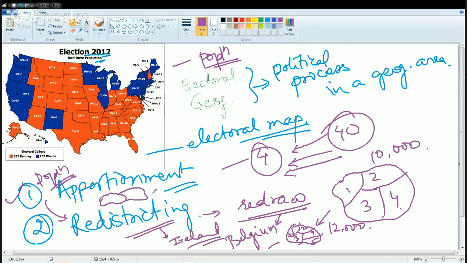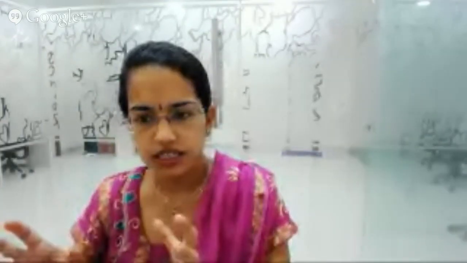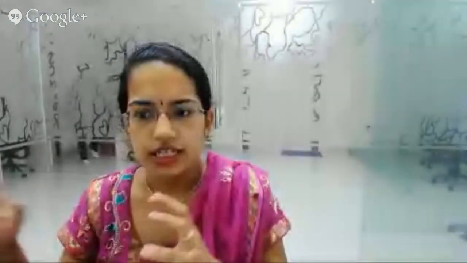Whenever we talk about electoral geography, there are two basic concepts we need to understand: the safe seat and the swing seat. A safe seat is a seat which is safe from the opposition or the rival. So you know that the opposition will not get that seat and you are very secure with it. The other is the swing seat.